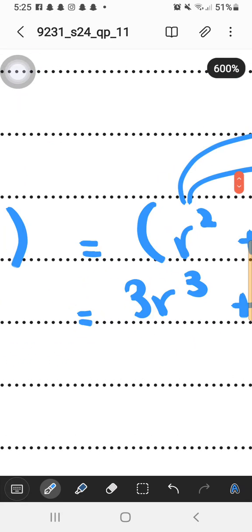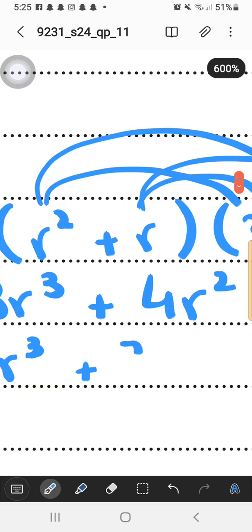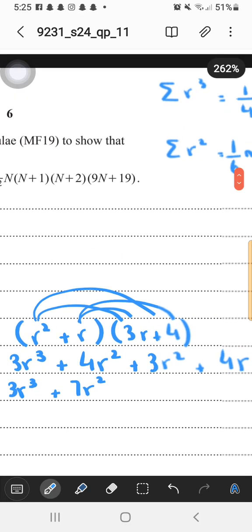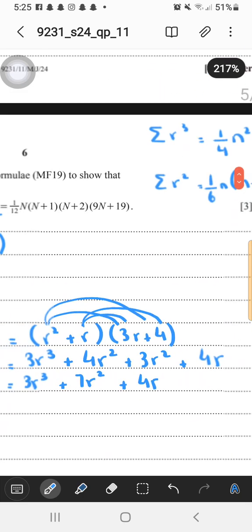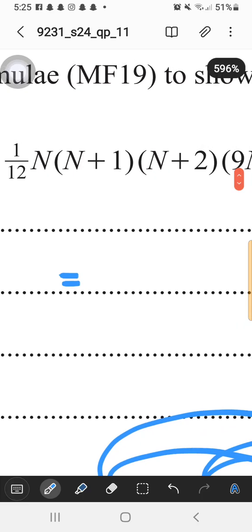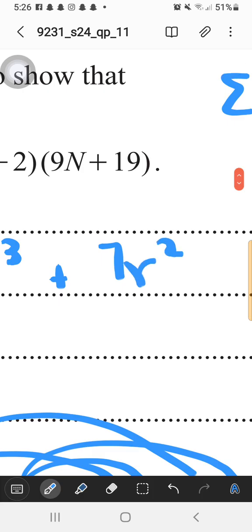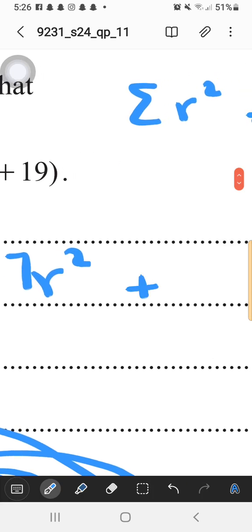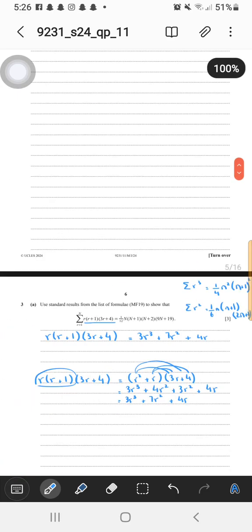So this becomes 3r cubed plus 4r square plus 3r square, which becomes 7r square, and plus 4r. We will write this here: 3r cubed plus 7r square plus 4r.